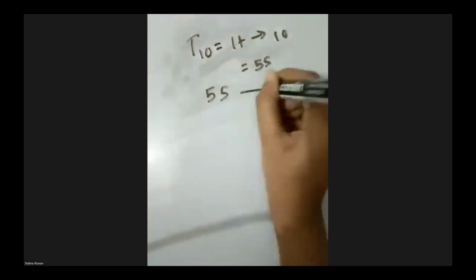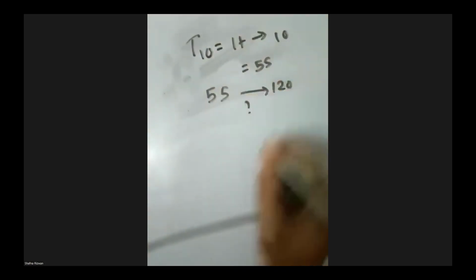Now, if you take 55, yes, correct. 55 is your 10th triangular number. How? 10 times 11 divided by 2 gives 55. Now they are asking from 55 to 120, how many triangular numbers are there?